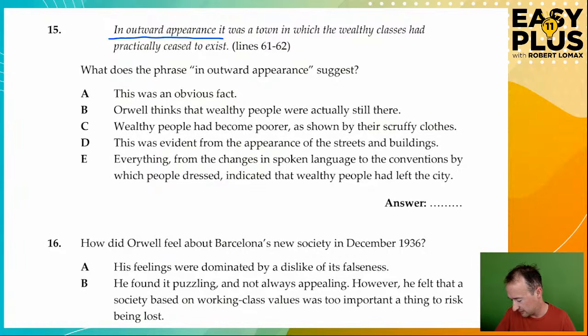Right. What does in outward appearance suggest? If something's true in outward appearance, in these cases, be an actor. Imagine some situations in which you might say that something is true in outward appearance. So if I said, let's pick a name from the comments here, if I said Wilton W is, in outward appearance, a nice person.